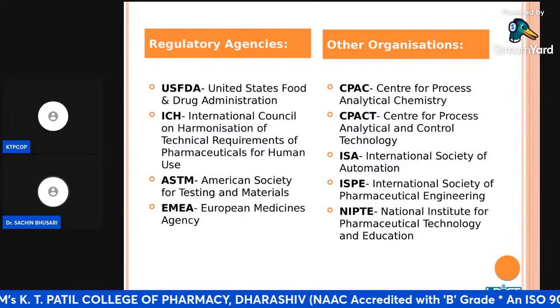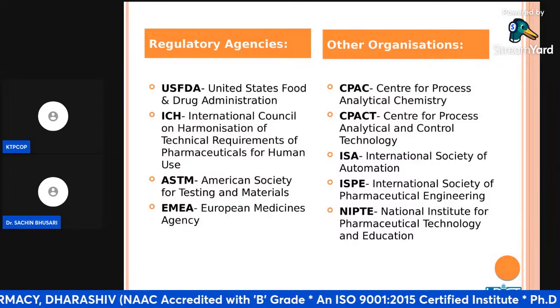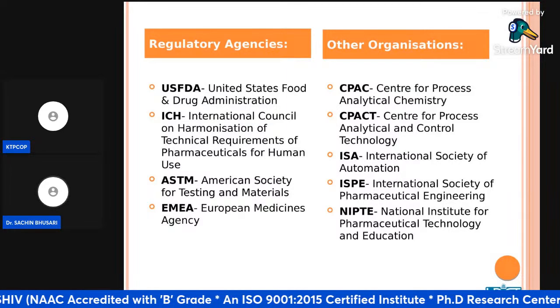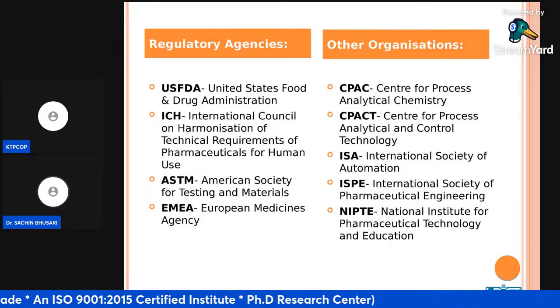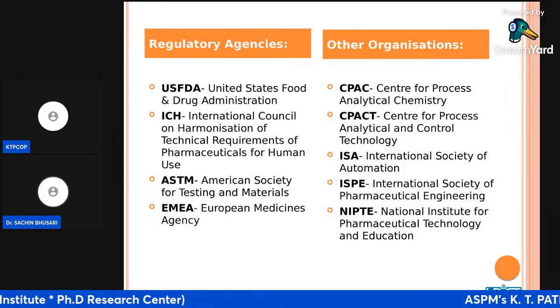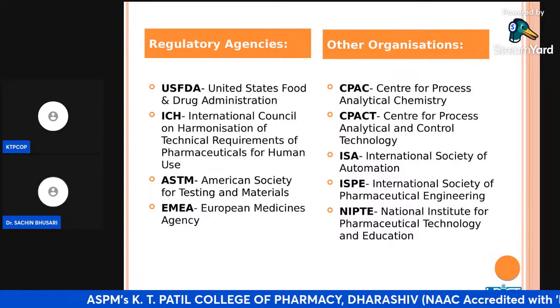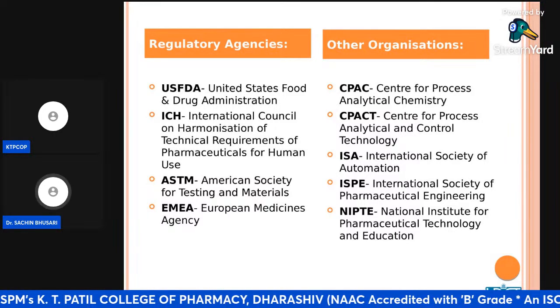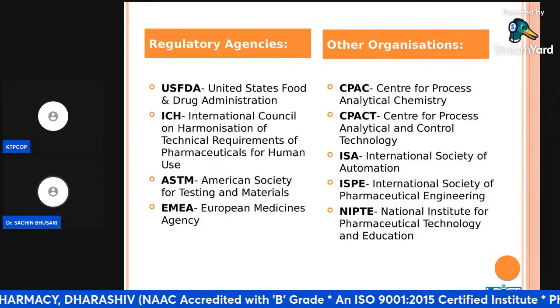If you look, except EMEA, all these agencies are US agencies which are advocating PAT, because definitely PAT is the upcoming tool, basically not tool, basically framework, but it will help to build quality into the product. So regulatory agencies along with some public and private domains, PAT is supported like anything.